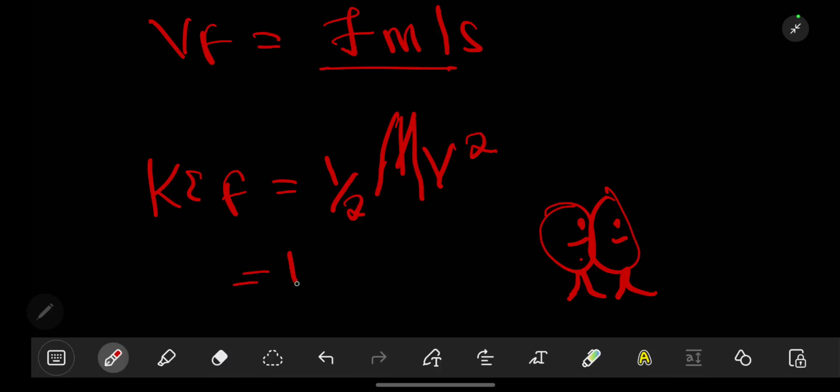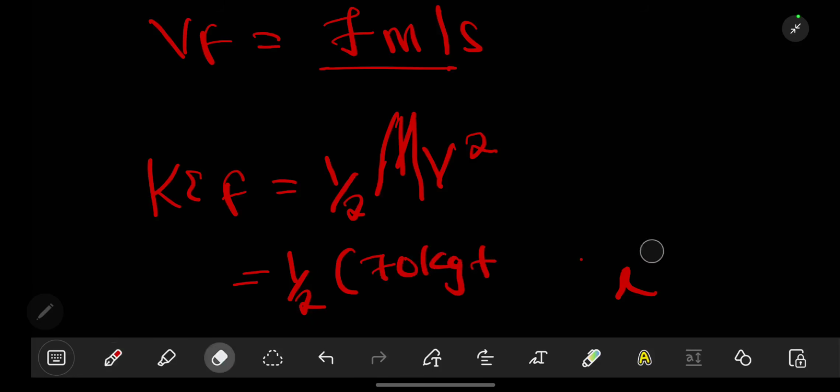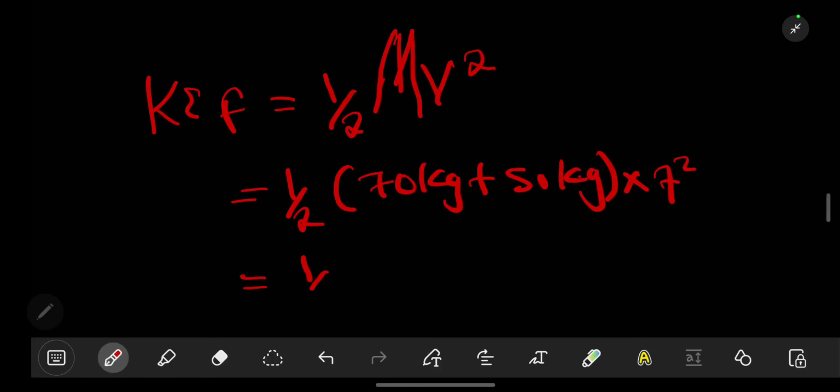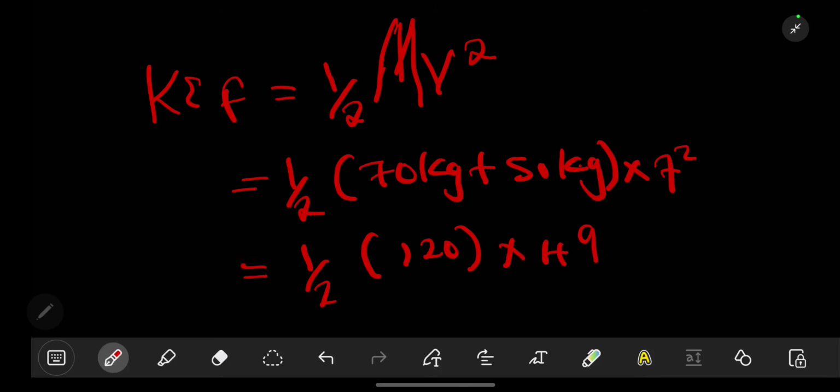So we are going to have the kinetic energy will be half the mass of the first man, which is 70 kg, plus the mass of the other man, which is 50 kg, times the 7 squared. This gives us half of 70 plus 50, which gives us 120, times 7 squared, which is 49.